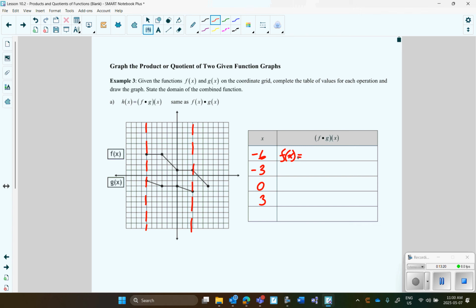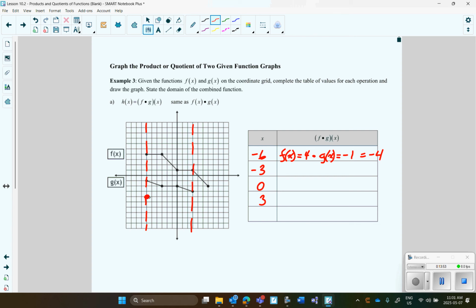So what's the value of y in f of x when x is -6? 4, times the value of g of x when x is -6. What's the value of y here? -1, gives me -4. So that means -6, -4.